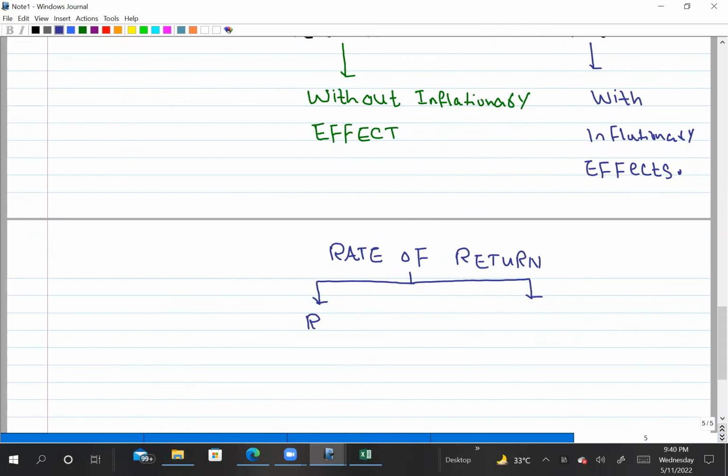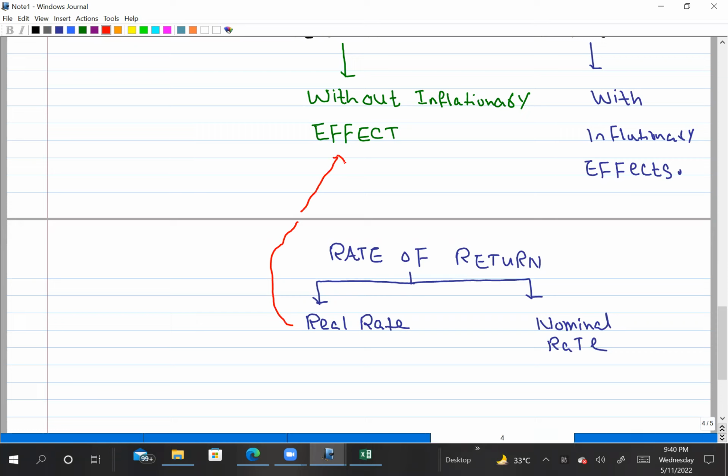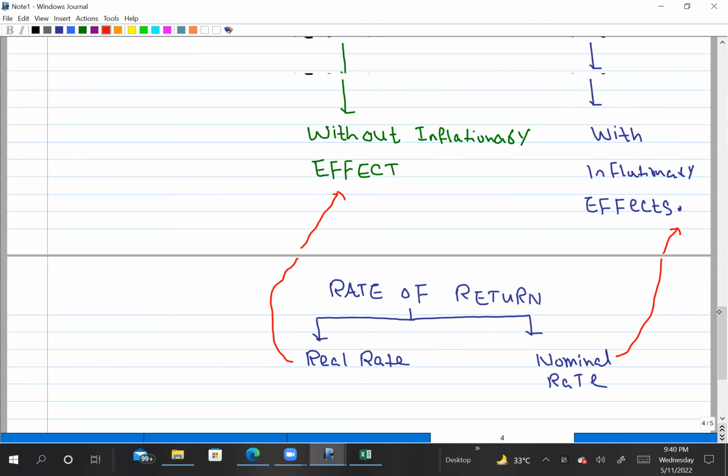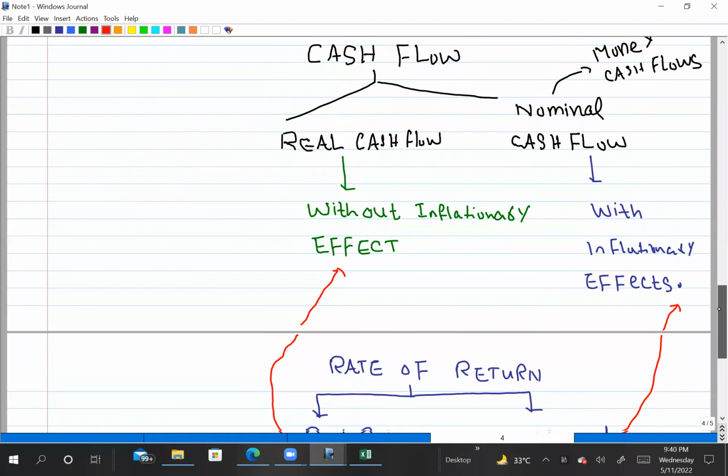One is known as real rate, and the second one is known as nominal rate. The real rate means the rate of return without inflationary effect, and nominal rate of return means the rate of return with inflationary effect. You get it? Real cash flows, nominal cash flows. Real rate, nominal rate.